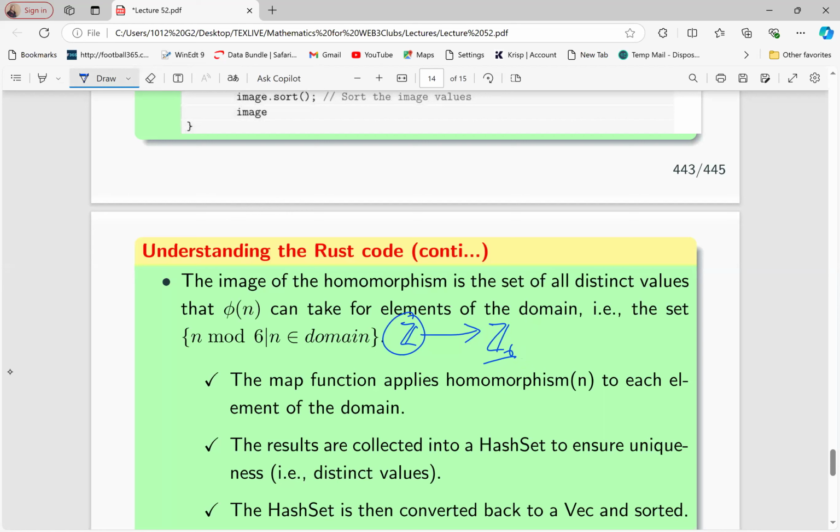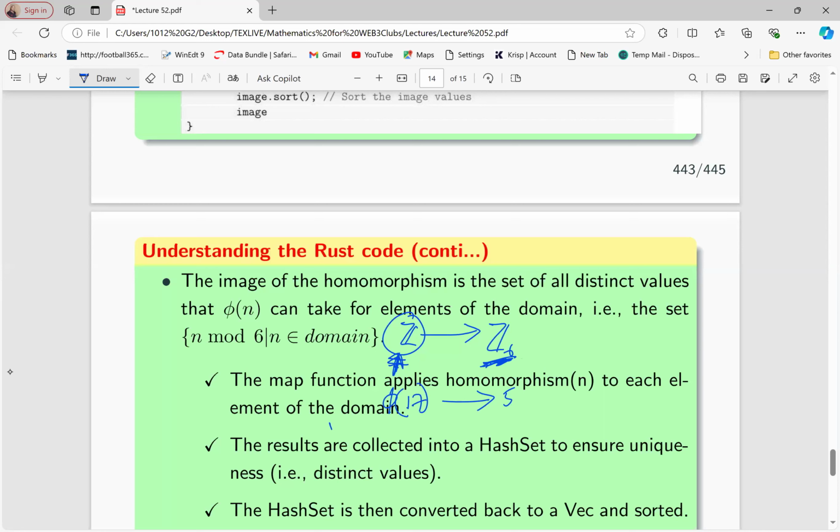But every element that is here would map to one element here. For instance, 17, which is in Z, would be mapped to 17 divided by 6, the remainder of which is 5.